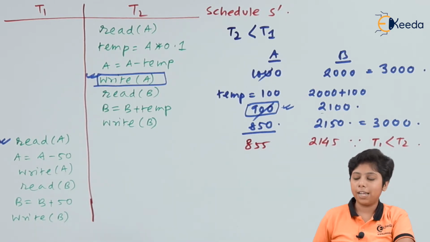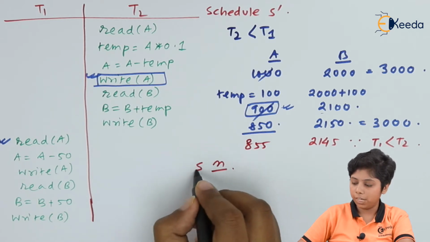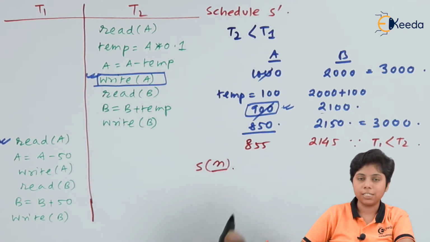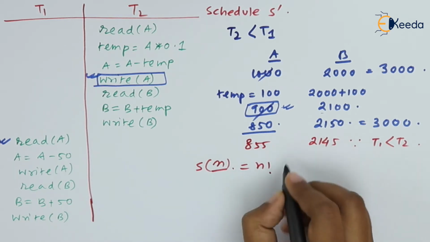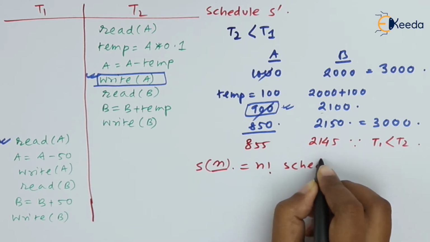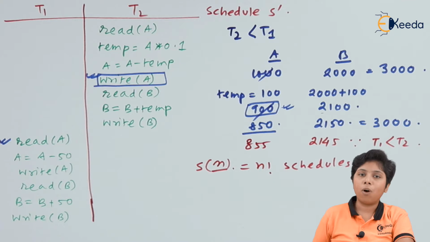So if a schedule is made of n transactions, then there can be n factorial schedules on which they can have the ordering of execution among them. So there are n factorial schedules that are possible for these n transactions. Now why are we considering this as a schedule? Because it is containing 2 or more transactions in a single unit.